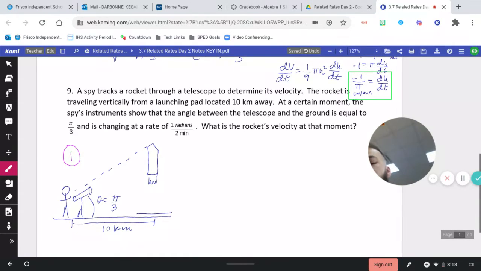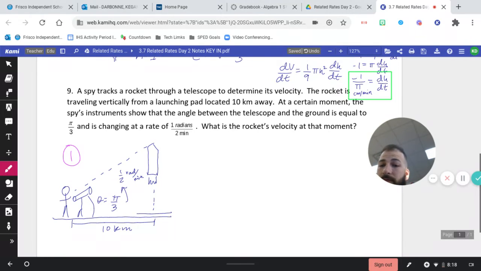And the angle is changing at a rate of 1/2 radians per minute. Okay, what is the rocket's velocity at that moment?